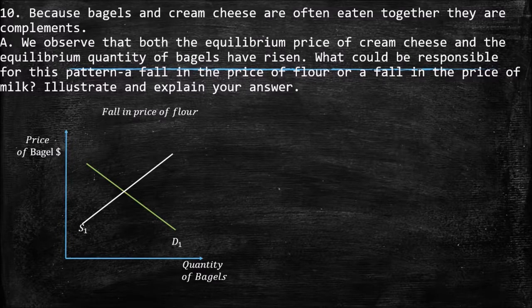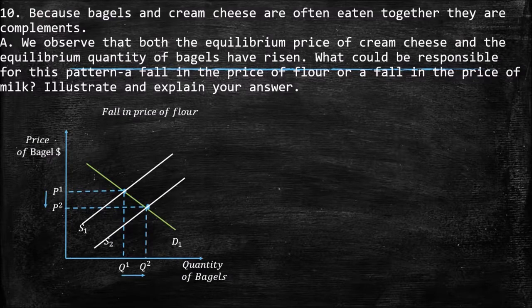In this case, a fall in the price of flour is going to shift the supply curve to the right, because the supply increases. So here we have the equilibrium price and equilibrium quantity, and with the shift to the right of the supply curve, we have a decrease in price and an increase in quantity.